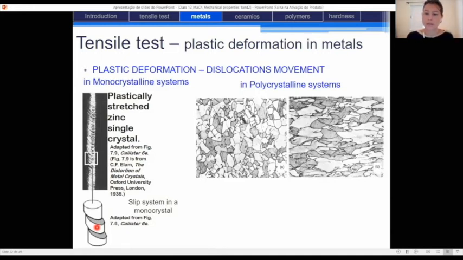In polycrystalline systems, we have various grains, and the dislocation will move within the grains until it reaches the grain boundary. To move the dislocation through the grain boundary, it will require a high load. I don't know if you remember, but in the 7th lesson, we also presented that dislocations will move and encounter one another, and it will make it more difficult for them to move again.